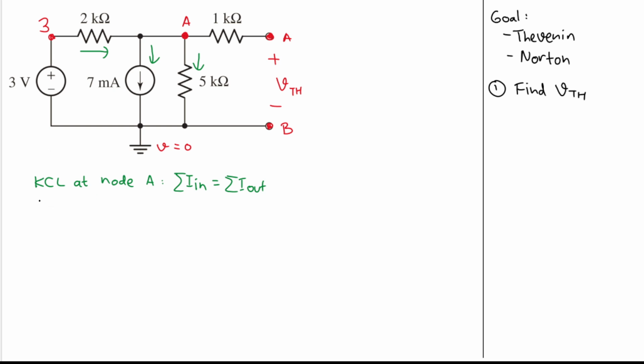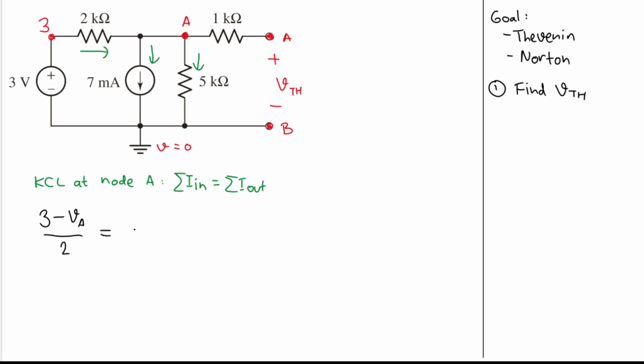The current comes from the 3 node here, so I'll have 3, and then the current goes to node A, so I will have VA here. And then that is divided by the resistance between them, so I will have 2 kilo. That is the only current that goes in. All the currents that go out, so I will have an equal sign.